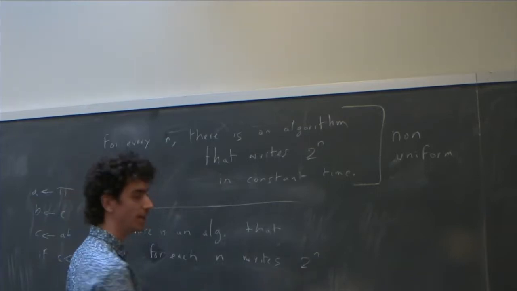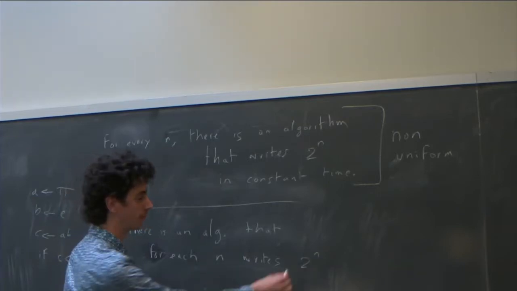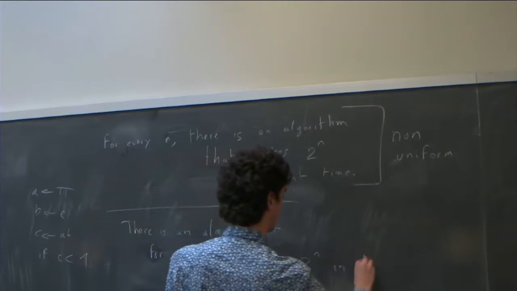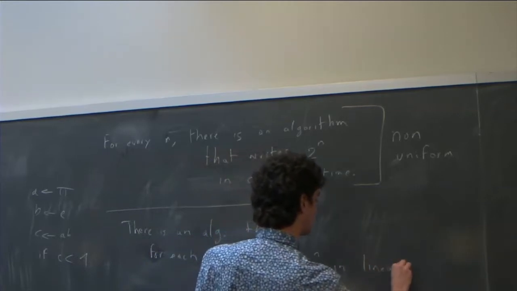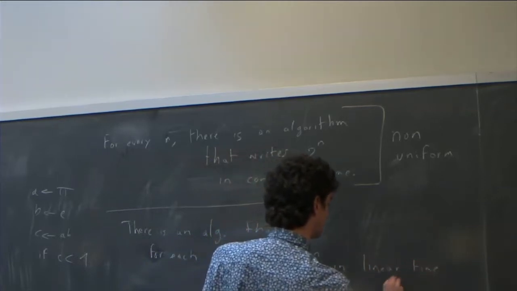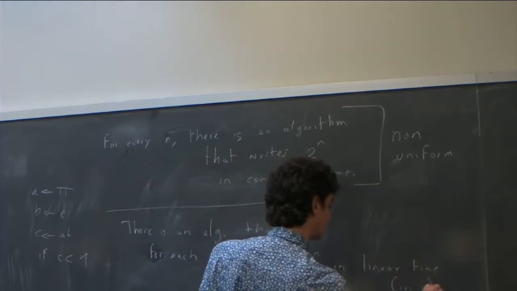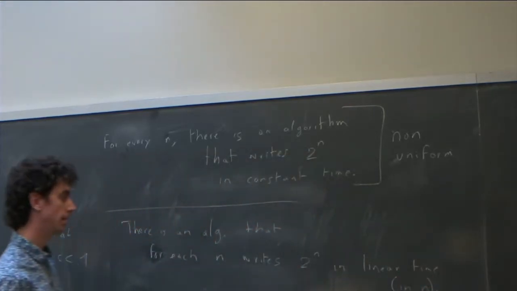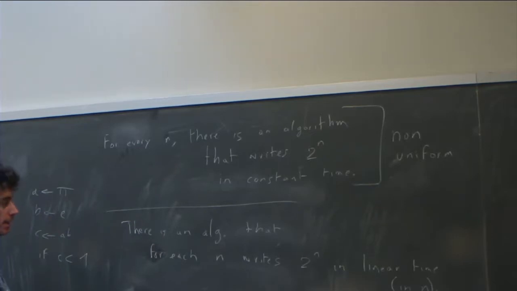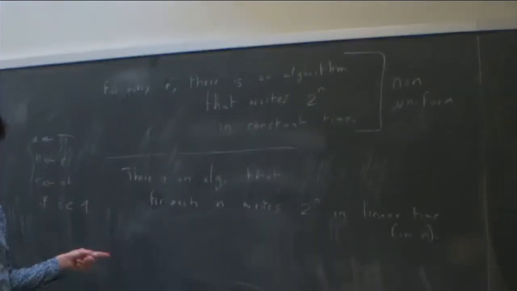To write 2 to the n, you need at least linear time. You need to write n digits, so linear time. And that's non-uniform complexity, and that's uniform complexity. The quantifiers are different. Here we're saying for every n there's an algorithm. Here we're saying there's an algorithm such that for every n.